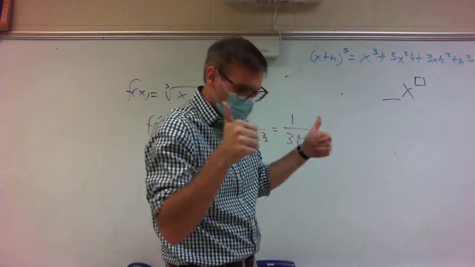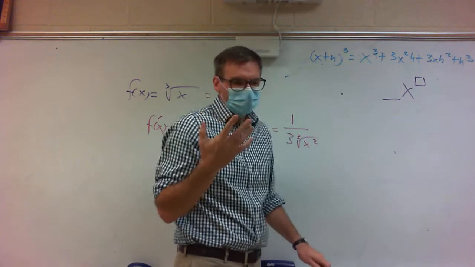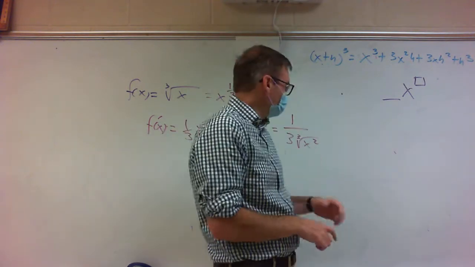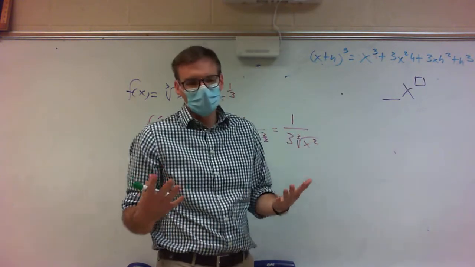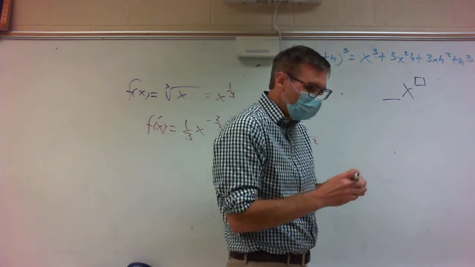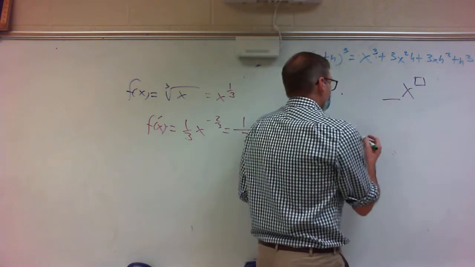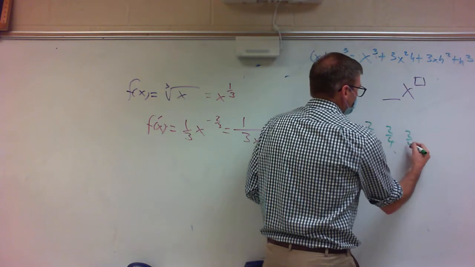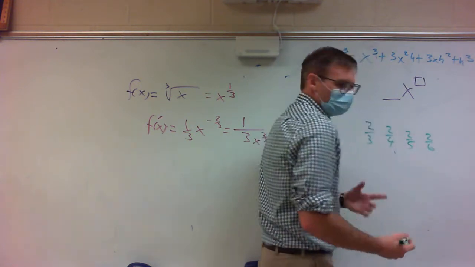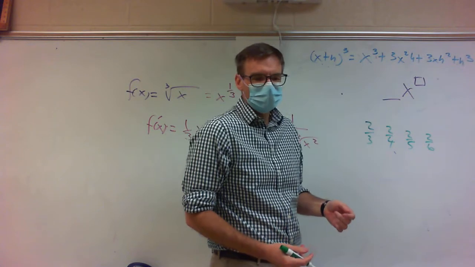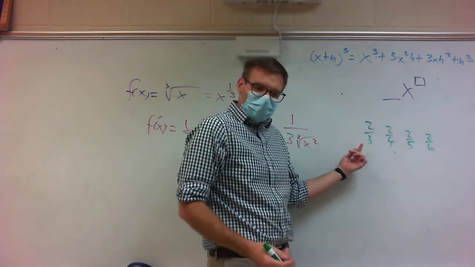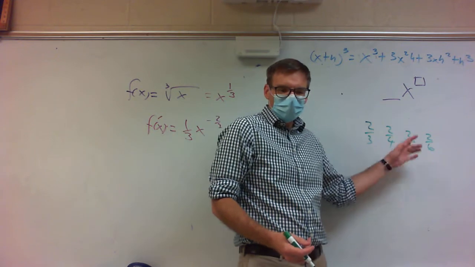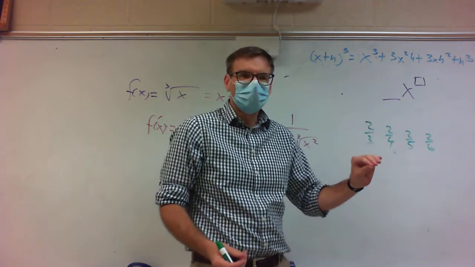Okay. All right. So, before I talk about this, I want to talk a little bit about fractions. For example, if I gave you 2 over 3, 2 over 4, 2 over 5, 2 over 6. Right? So if I just look at this series of fractions, does everybody see that as the bottom gets bigger, the value of the fraction gets smaller?